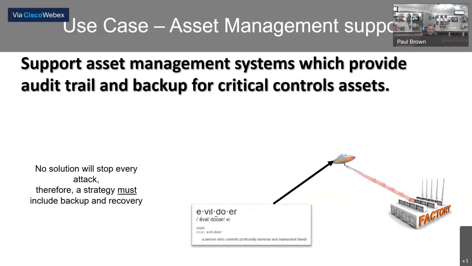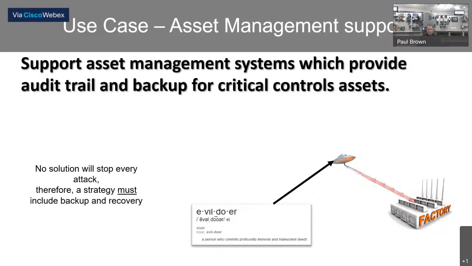And as the comment on the left side says, no solution will stop every attack, or it may not even be an attack. It could be a regular equipment failure, but you are protected by having a backup strategy in place.